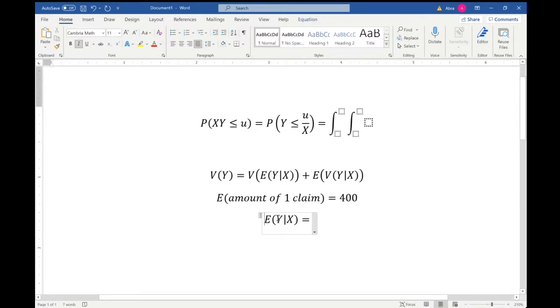But y isn't the amount of one claim, y is the total amount of all x claims. Right. So how does y relate to the amount of each of the claims? Something to do with the fact that there's like 1,000 trials here.